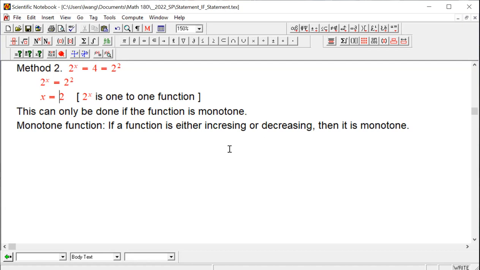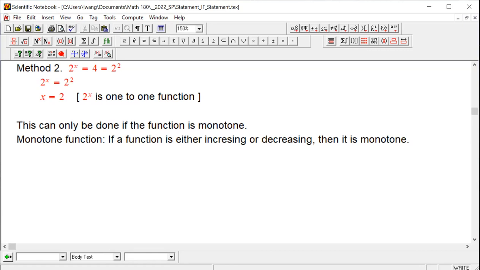The opposite of one-to-one is saying that for some different input, they have the same output. Now, since this is a one-to-one function, for different input, they have different output. For the same output, they're the same input. So these are the same output.